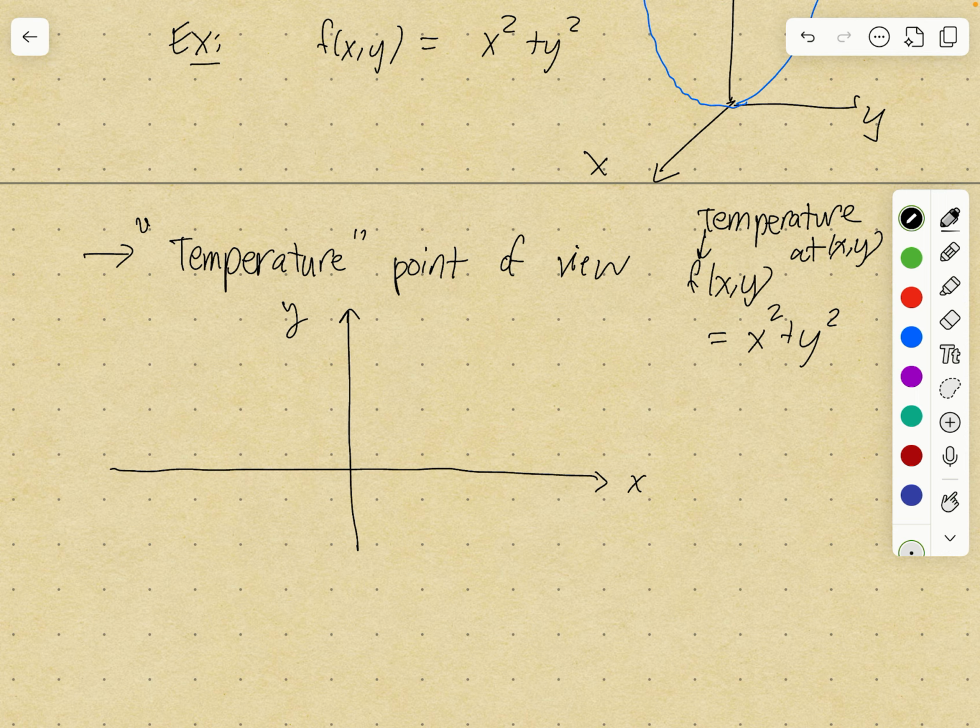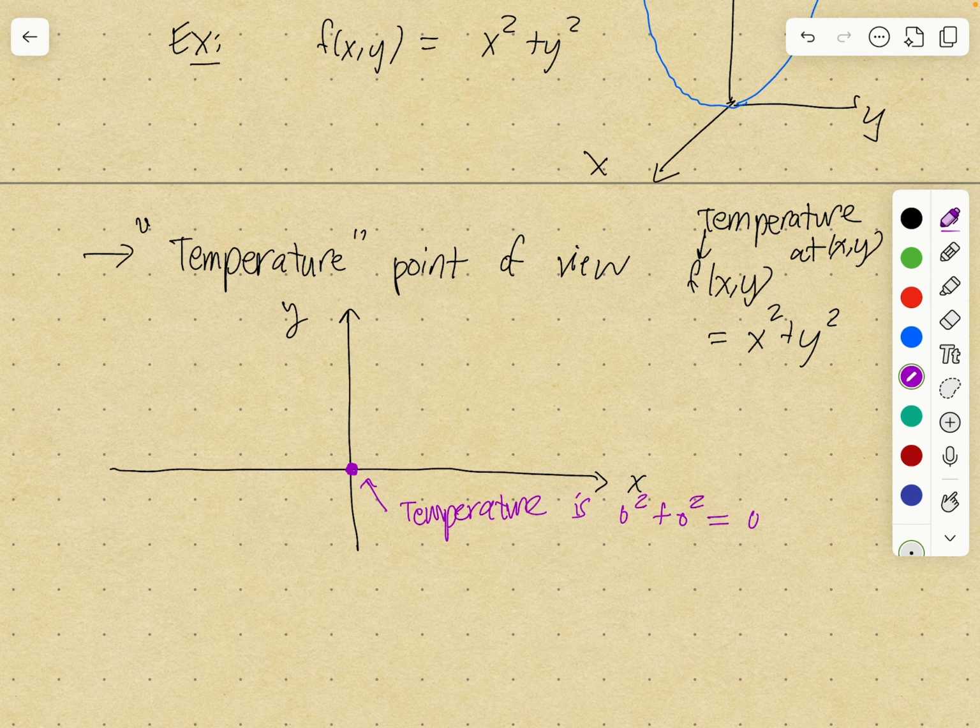So for example, let's say that you are a bug on this surface, on the xy plane, okay? And you could be at one of various points, and the temperature of the point that you're at is given by this function f of xy. So for instance, if you're at 0, 0 at the origin, the temperature is 0 squared plus 0 squared, which is 0.